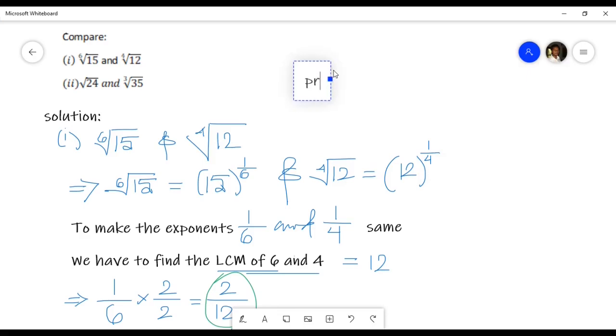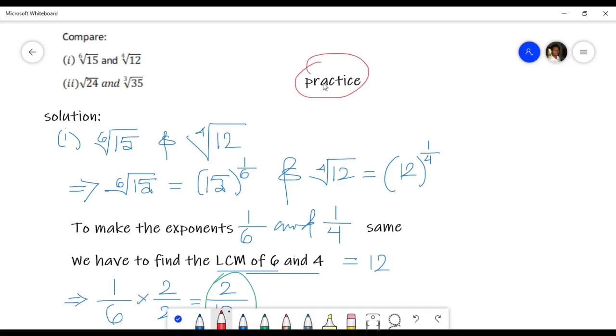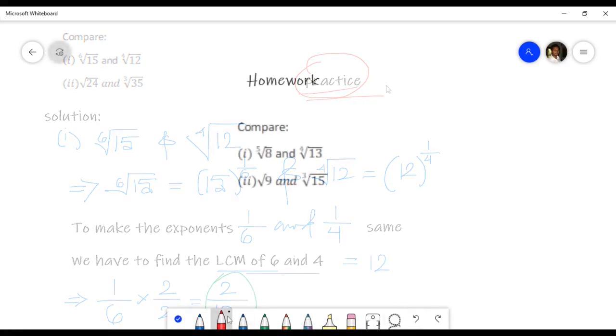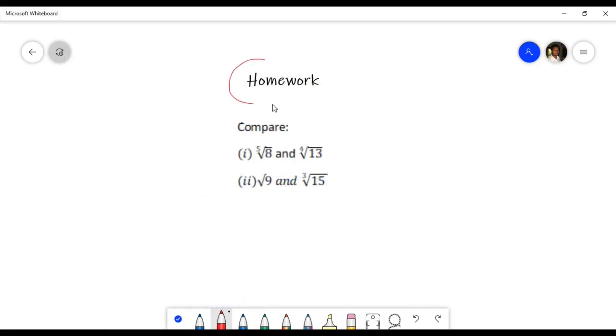And the best thing is to practice and keep practicing, and it will be much easier for you to understand. And also I have given you 2 homeworks. So do these 2 homeworks by yourself. All right.